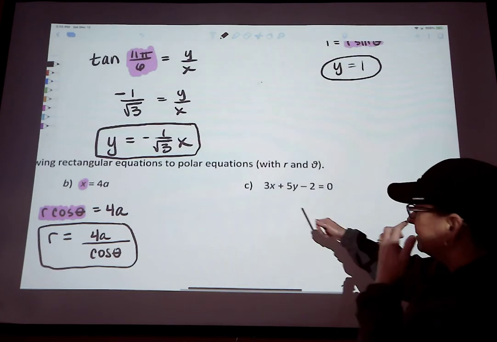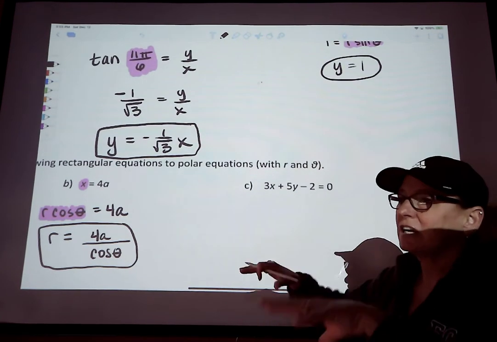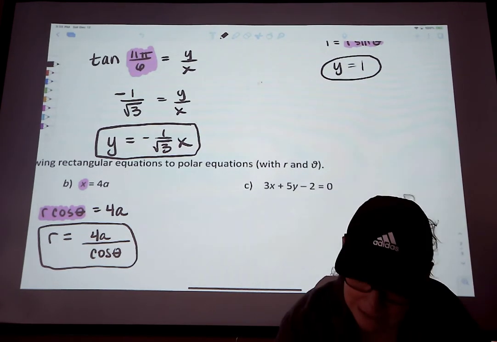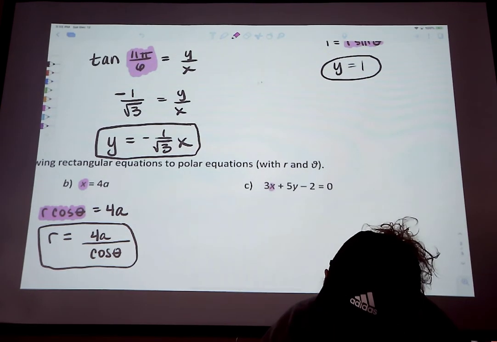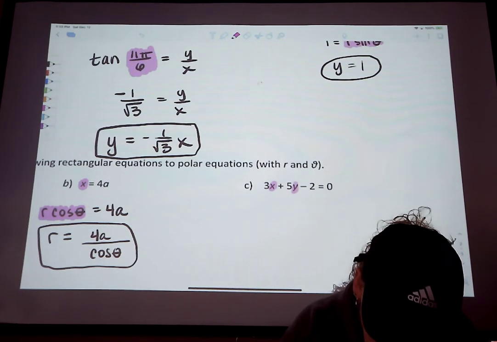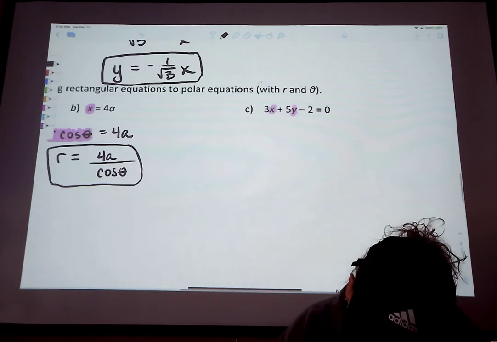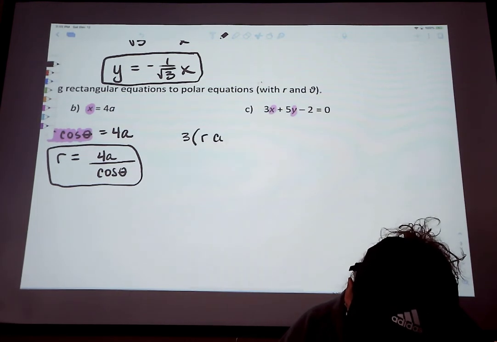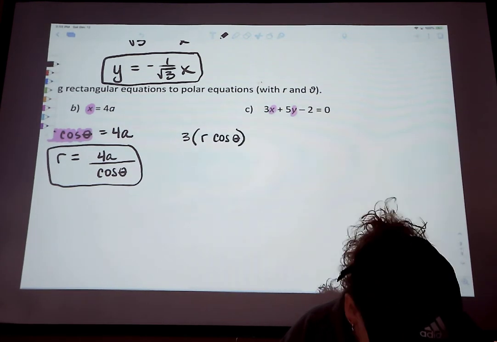Last one. It's in terms of x and y. Get rid of the x and y. We want this in terms of r and theta. So now we need to make two substitutions. Let's make a substitution for x, and let's make a substitution for y. X is r cosine theta.